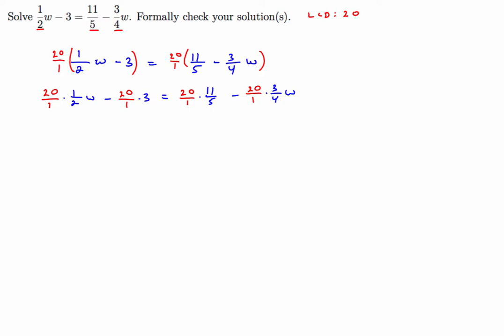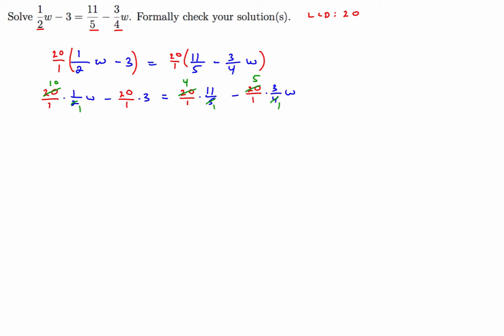Reducing 20 over 2 leaves us with 10 over 1. When we multiply 20 over 1 times 3, there's nothing to cancel. 20 over 1 times 11 over 5 reduces to make 4 and 1. And 20 over 4 reduces down to make 5 and 1.